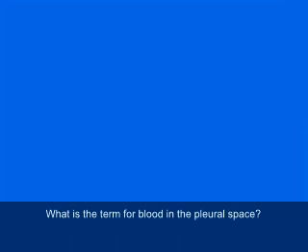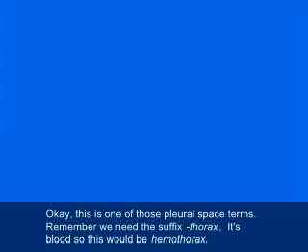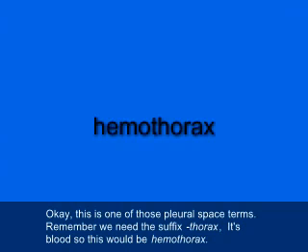And what is the term for blood in the pleural space? Okay, this is one of those pleural space terms. Remember, we need the suffix thorax. It's blood, so this would be hemothorax. Hemothorax.